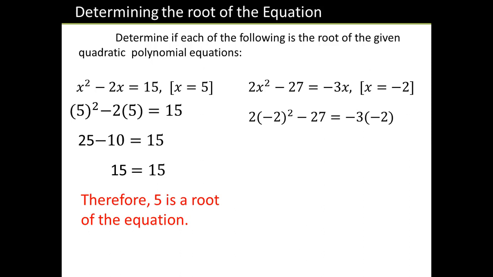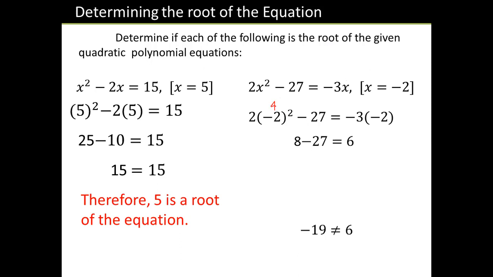All right. So negative 2 to the power of 2 equals 4. To make sure, negative 2 to the power of 2 is negative 2 times negative 2, which is positive 4. So therefore, you have now 2 times 4 equals 8, minus 27, equals negative 3 times negative 2, which is positive 6.